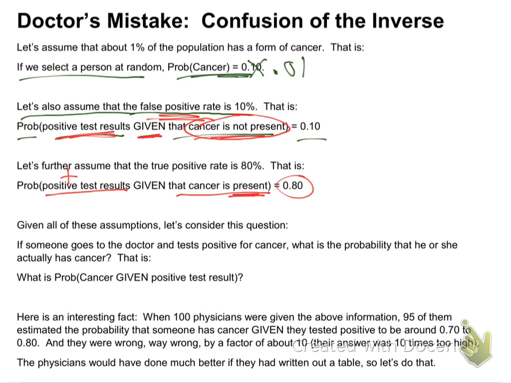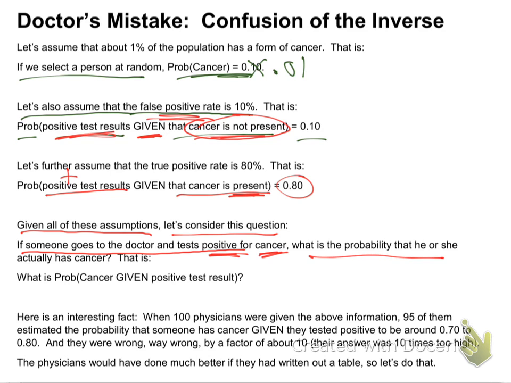All right. Given all of these assumptions, let's consider this question. If someone goes to the doctor and tests positive for cancer, say you go to the doc, and he or she gives you a test for cancer, and it comes out positive, saying you have cancer.